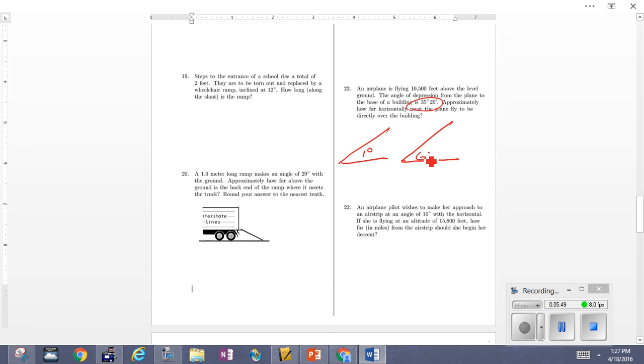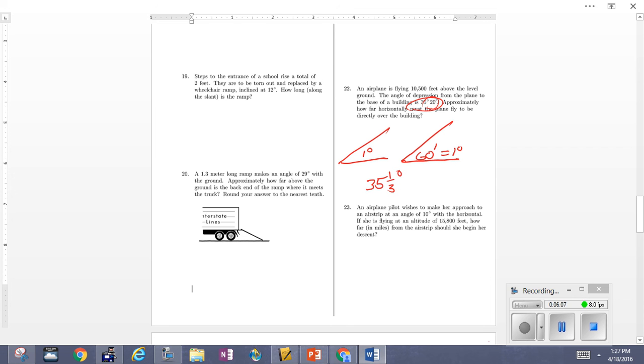So 60 minutes, and that's this single slash, is equal to 1 degree. So this is 20 minutes, which means it's a third of a degree. So the angle they're talking about there is 35 and 1/3 degrees.